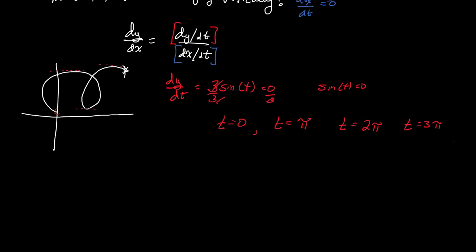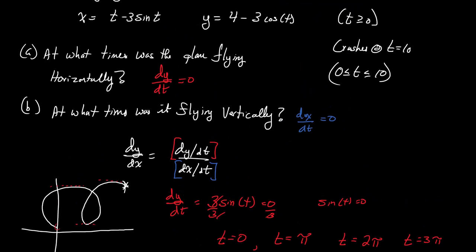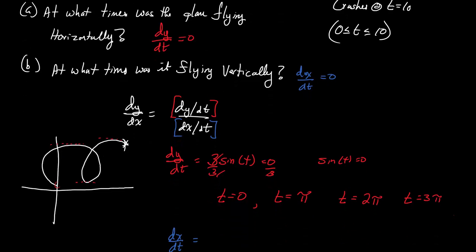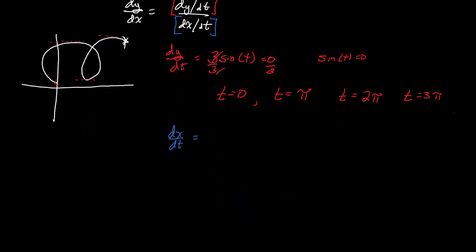Then dx/dt, and I like to do this separately, is going to be the derivative of x, so we have 1 minus 3 cosine of t, and we set this equal to 0. In other words, we subtract 1 on both sides and divide by negative 3, so it's where cosine of t equals 1/3, which implies that we're going to have 3 circumstances. t equals cosine inverse of 1/3.